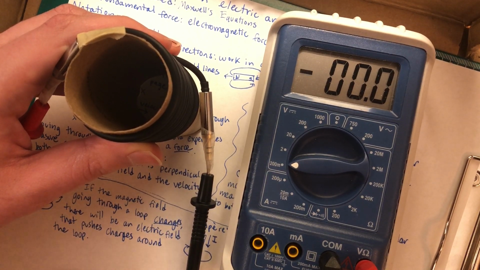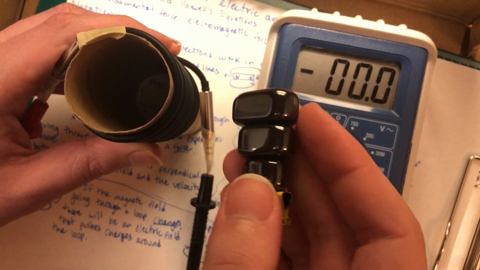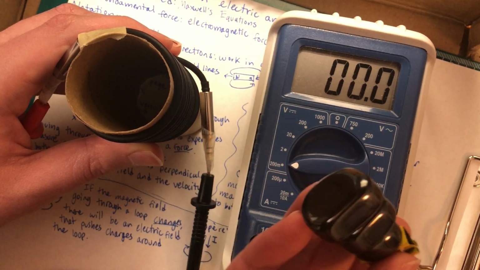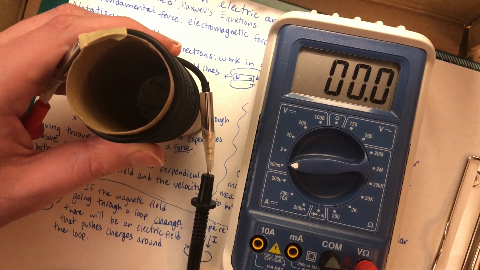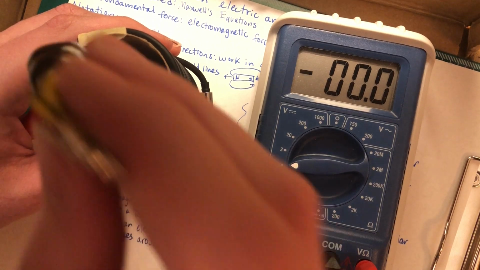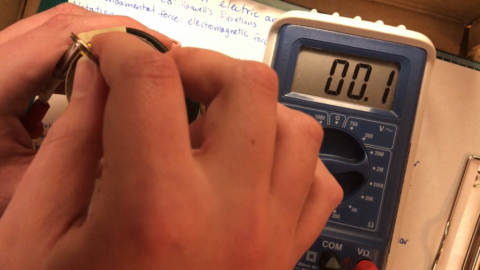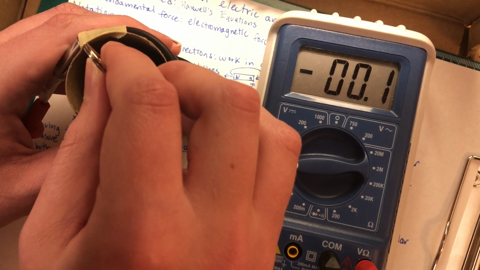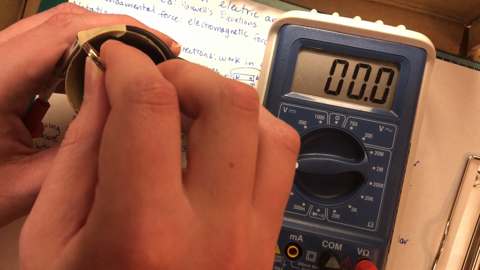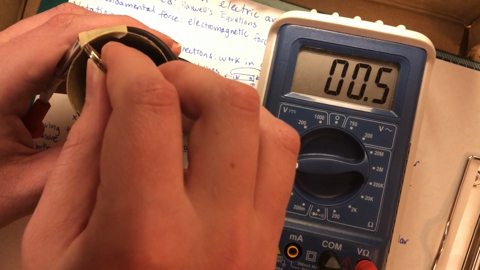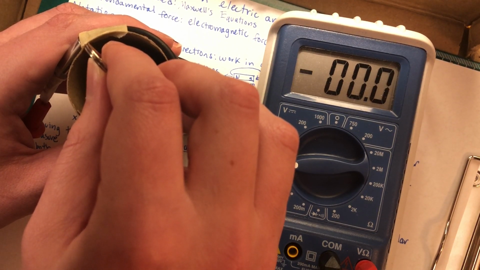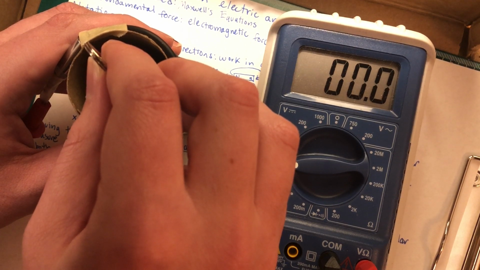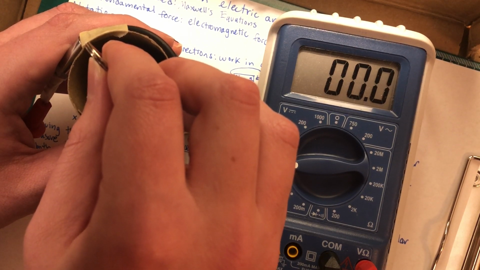And then I've got these pretty strong magnets that I'm going to hold on to with this paper clip. And when I bring the magnets close to the loop, that means that the magnetic field through the loop is changing, and that's going to cause an electric field that pushes the charges around the loop. Notice that when I'm holding the magnet there and holding it still, it's not reading anything.